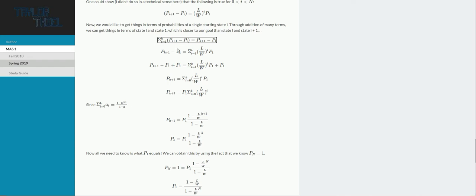And so all the terms just cancel all the way down to the bottom, so all you're left with is the very first, or the largest value, which is k, in the left portion, and then the smallest value, which is I equals 1, is going to be left in the right portion. And that's why all you're left with is P subscript k plus 1 minus P subscript 1.